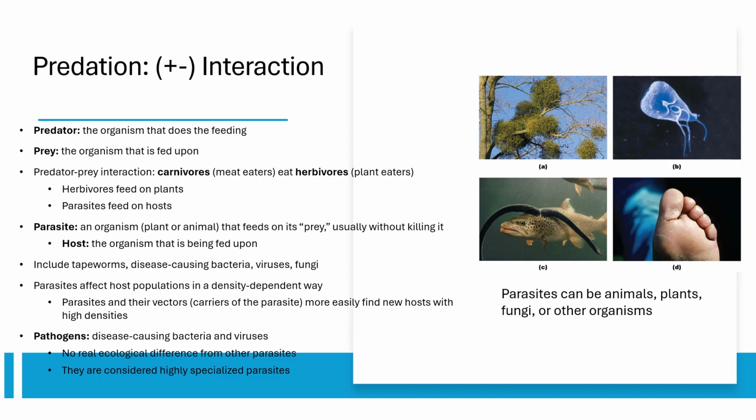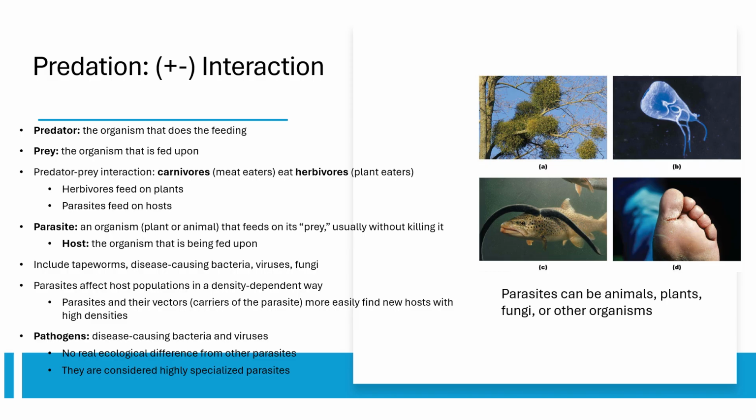Parasites can affect their host population, and it's typically in a density-dependent way. Parasites have vectors. Vectors are organisms that carry the parasite but don't necessarily suffer from the presence of the parasite. Parasites and their vectors can find new hosts when you have populations of hosts that have very, very high densities.